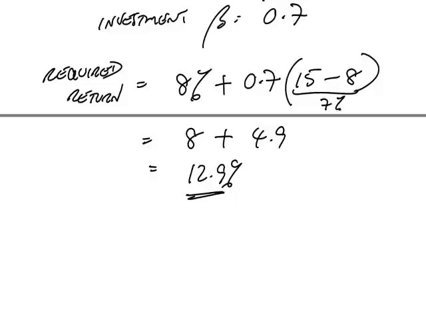There are magazines which publish them usually every 3 months. So you can look on the internet, albeit the sites that publish betas tend to charge for looking at them. And so if it was ever relevant in real life, you'd look up, oh, the beta for telephone companies is 0.7, there we go.